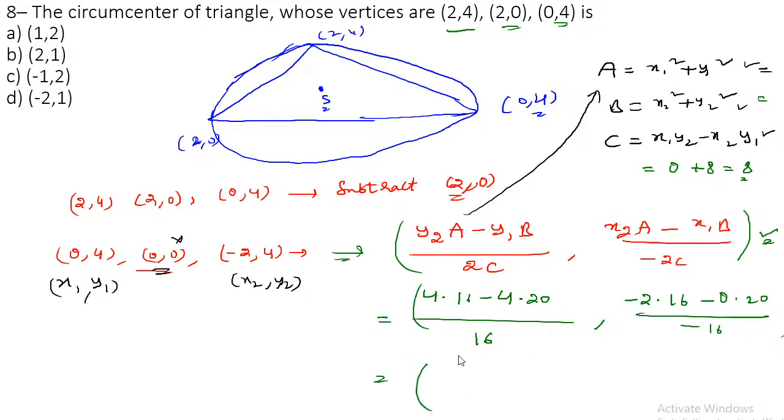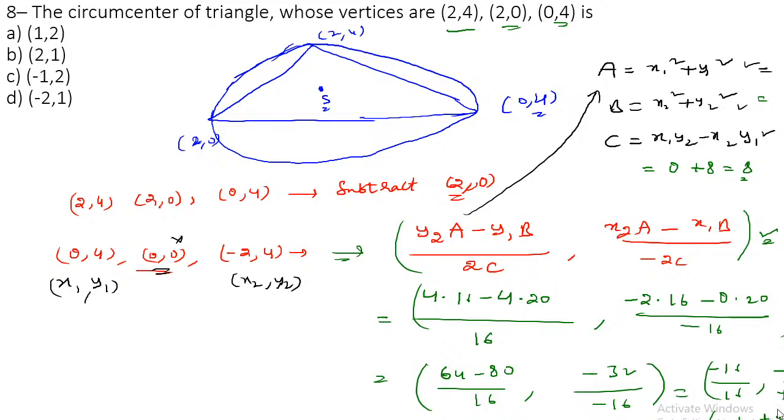This is equal to 64 minus 80 by 16 comma minus 32 by minus 16. So this is equal to minus 16 by 16 comma minus 32 by minus 16. So this is equal to minus 1 comma 2.